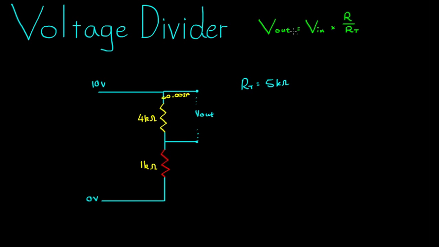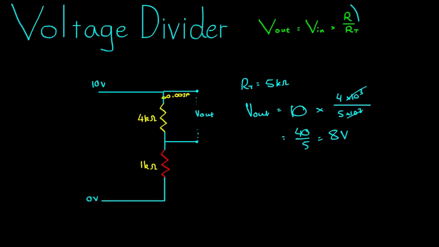So the voltage out here, the voltage that we'll measure, is equal to the voltage being put into the circuit, which is equal to 10, multiplied by the resistance of the component we're looking at, which is 4 kilo ohms, or we'll just say 4 times 10 to the 3 ohms, divided by the total resistance, which is 5 times 10 to the 3. Cancelling down those 10 to the 3s, we get 40 over 5, 4 times 10 at the top there, which is equal to, again, 8 volts.